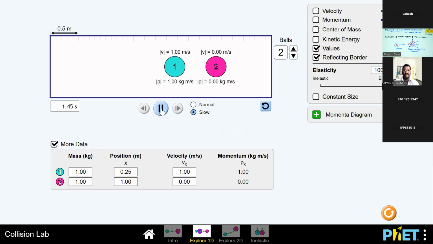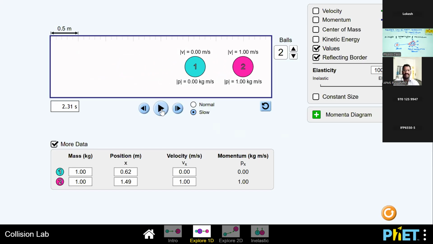Observe ball 1 and ball 2. Yes, ball 1 stops and ball 2 moves. Ball 2 moves at a velocity, you can see here, 1 meter per second to the right. Is it clear?